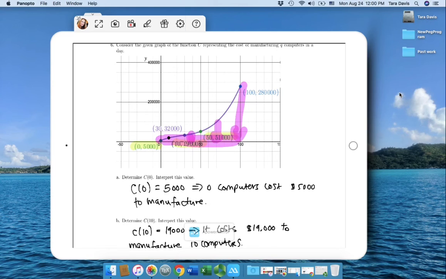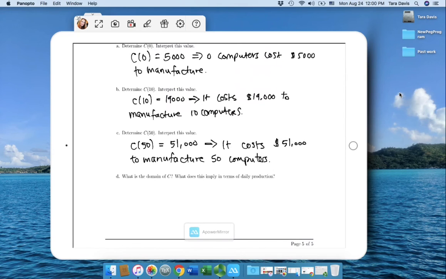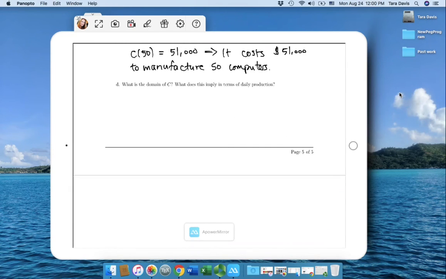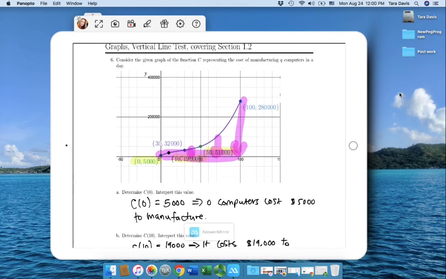It seems like it only goes from 0 to 100. So I would have to say that the domain of C is only from 0 to 100. So Q can't be less than 0, and Q can't be more than 100.